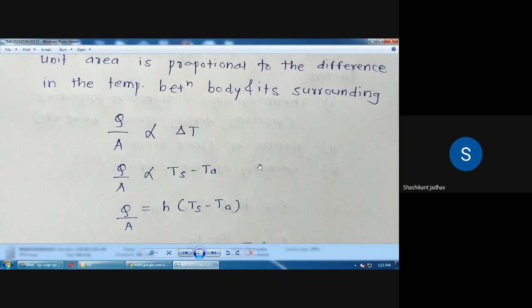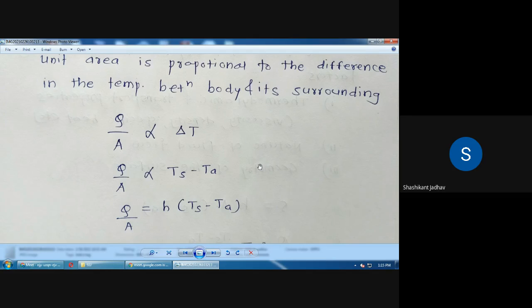In Fourier's law of heat conduction, for removing the proportionality sign, we considered the proportionality constant as thermal conductivity, K, which is present in the material where conduction is possible. But for convection, the proportionality constant is the heat transfer coefficient.